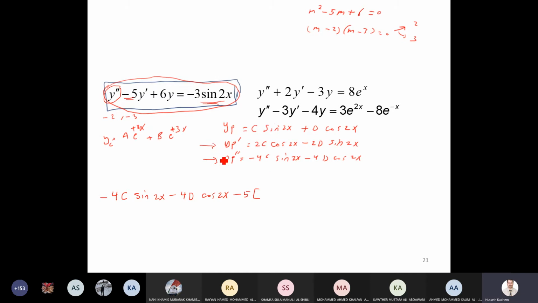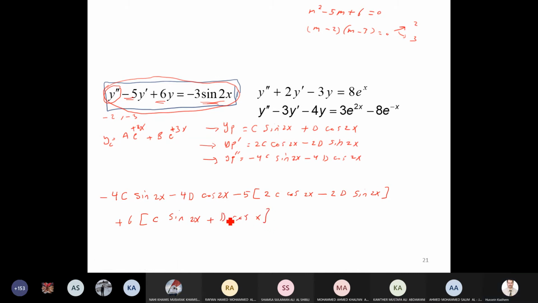Y dash is this: 2c cosine 2x minus 2d sine 2x, plus 6, open bracket. I will use this y: c sine 2x plus d cosine 2x.